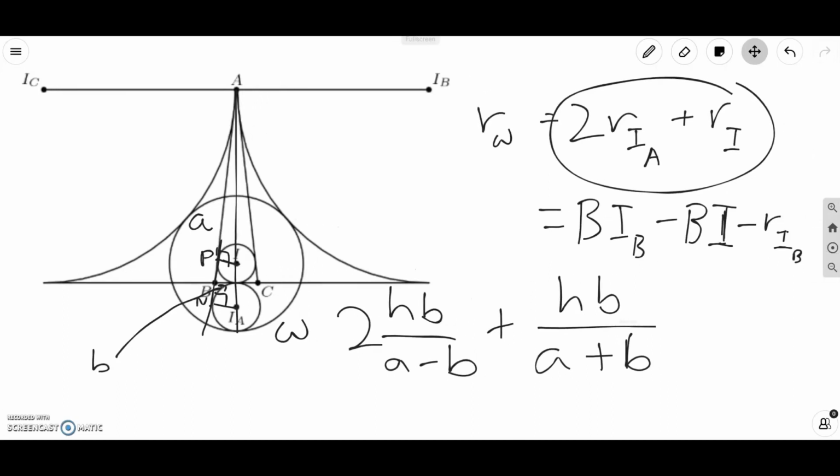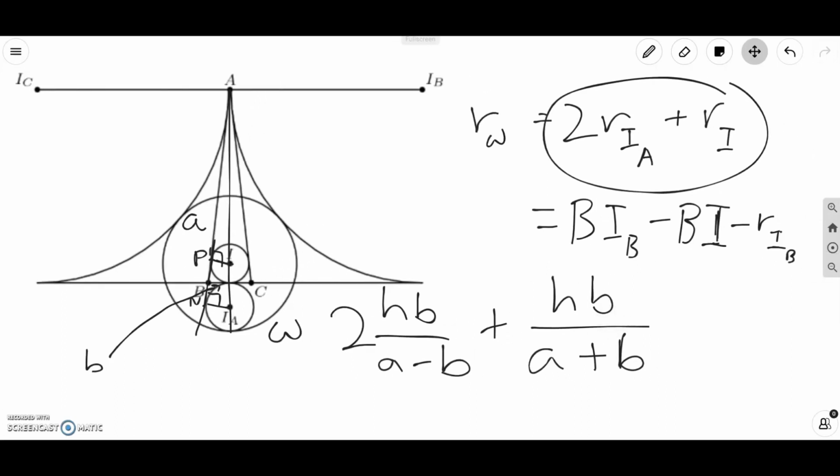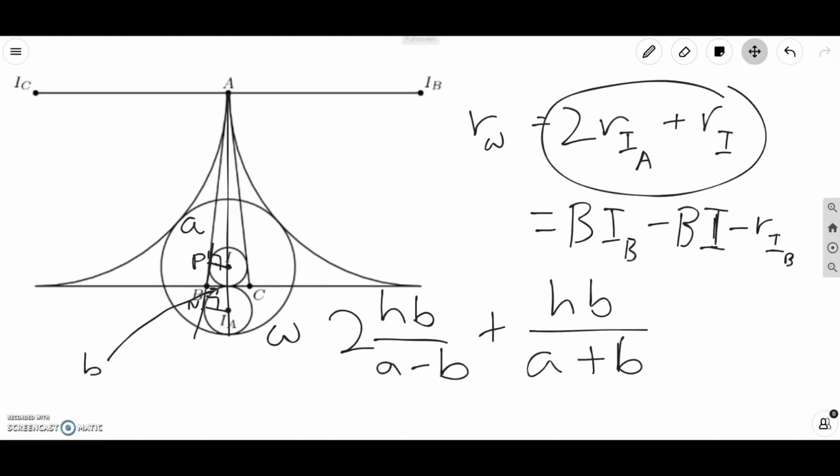So let's take a look at BIB. If we look at it, BI is simply just a subsection of BIB. So using similar triangles, we can actually simplify this expression at hand. What we can do is note that the ratio of BI to IB is also the ratio of RI to RIB.